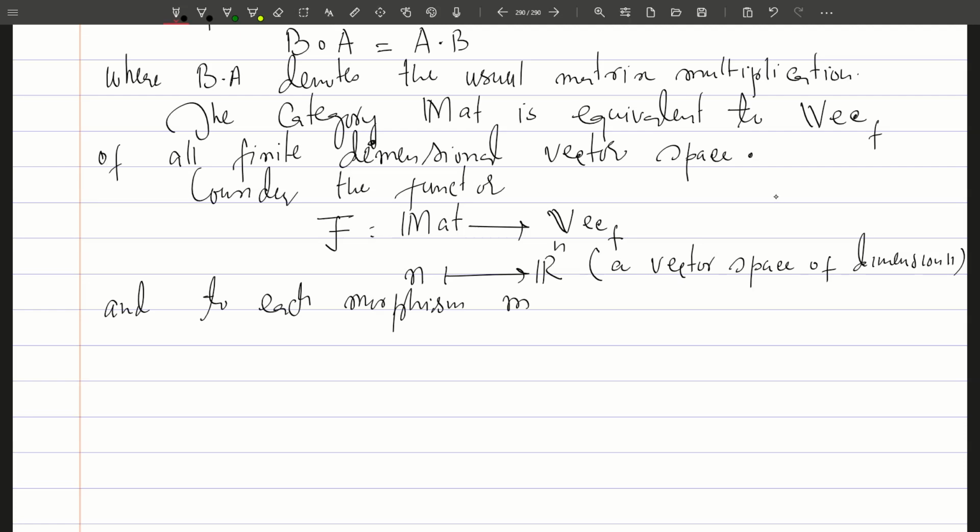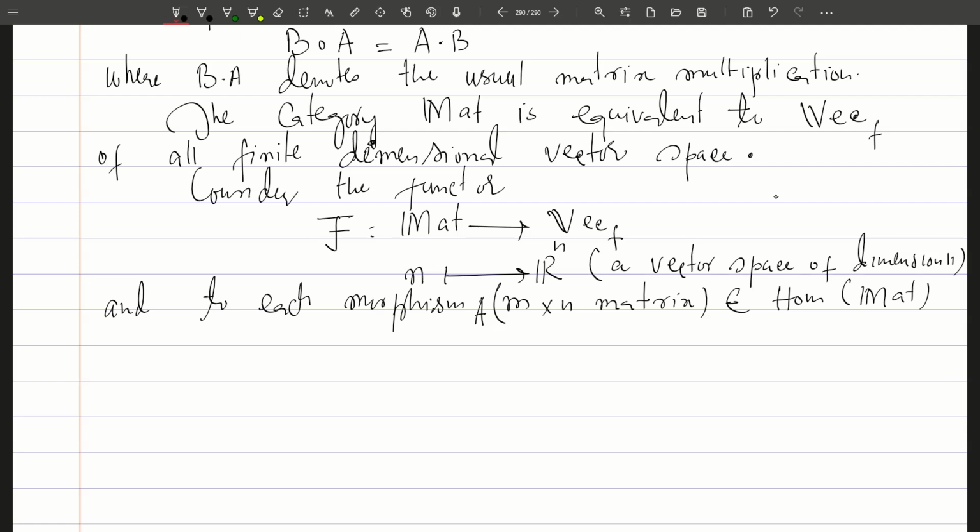So to each morphism, say A, where A is an m by n matrix, which is a morphism in the category Mat, this functor carries this morphism to a linear map from Rm to Rn.